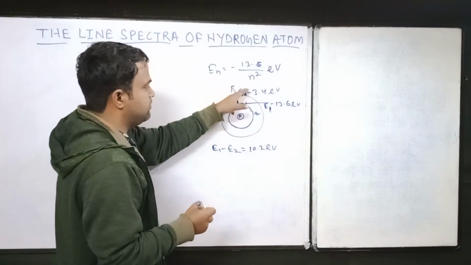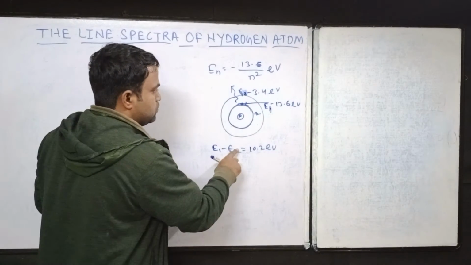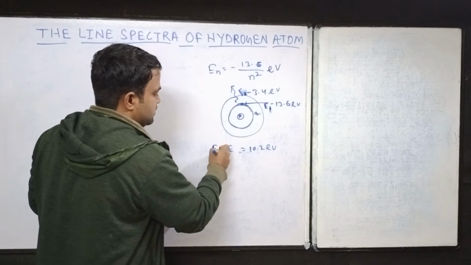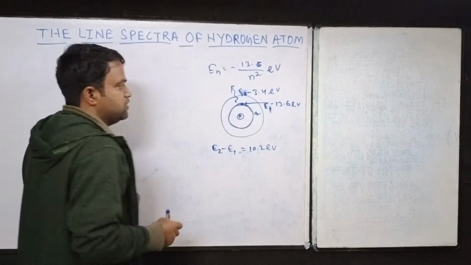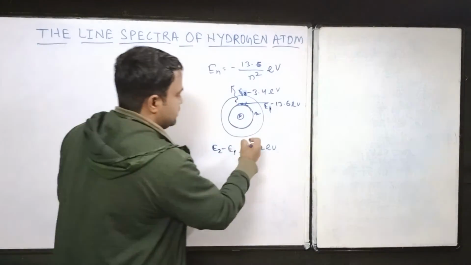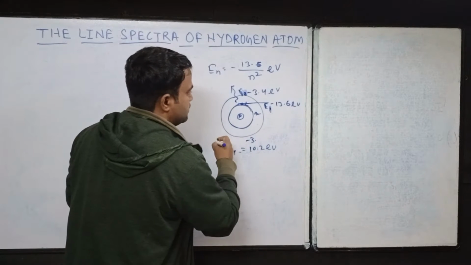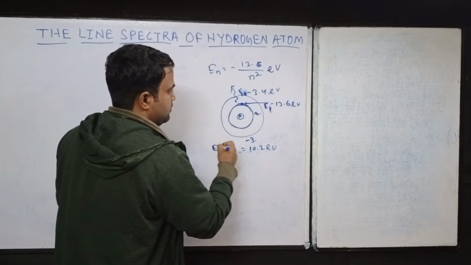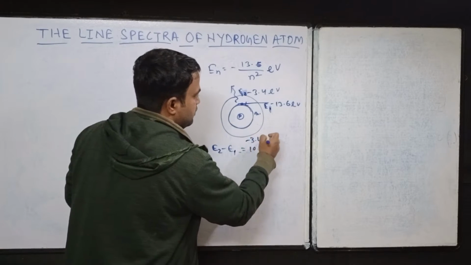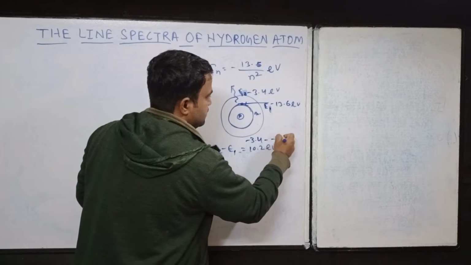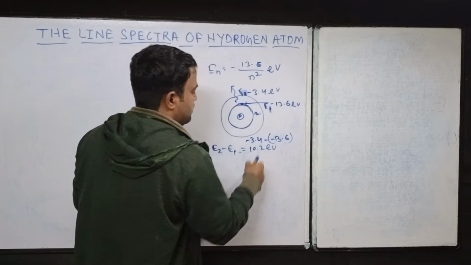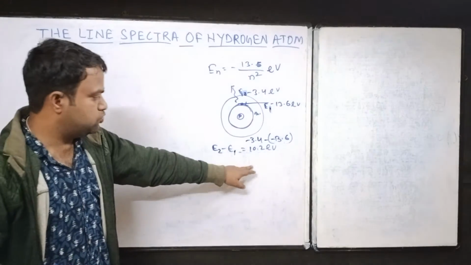Let's say it is jumping from E2 to E1, so you will write E2 minus E1, that is minus 3.4 minus of minus 13.6, so it will come up as 10.2 eV.